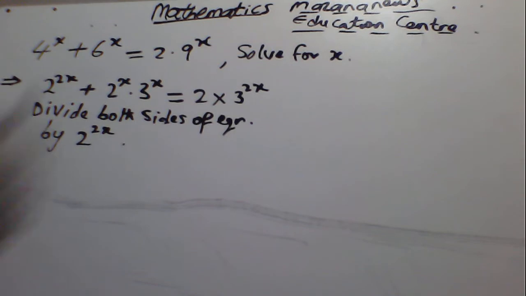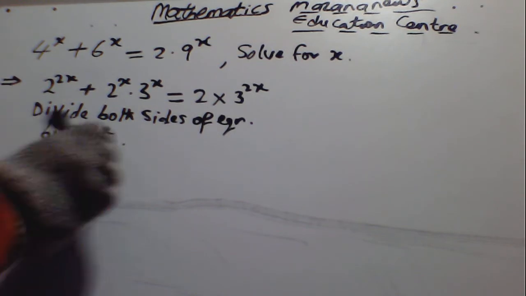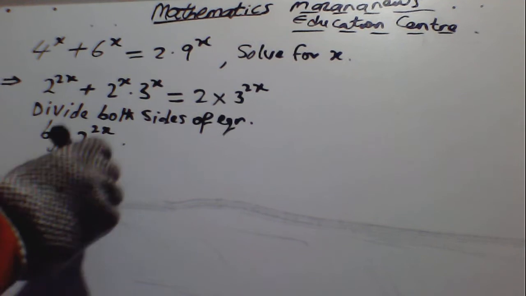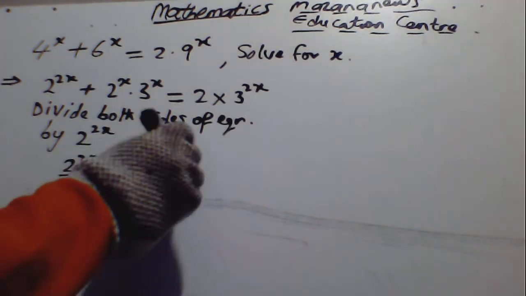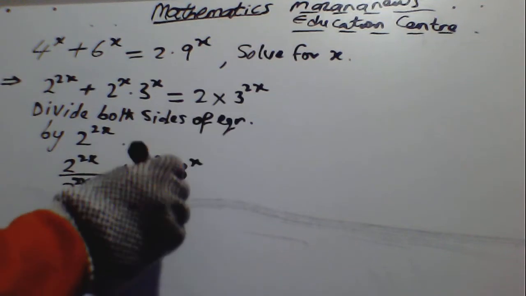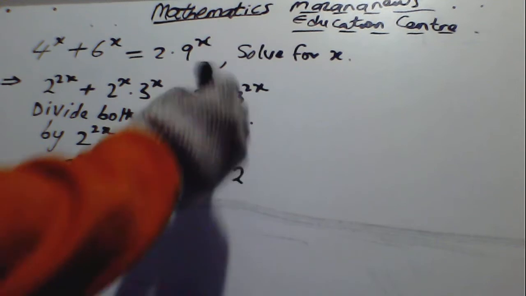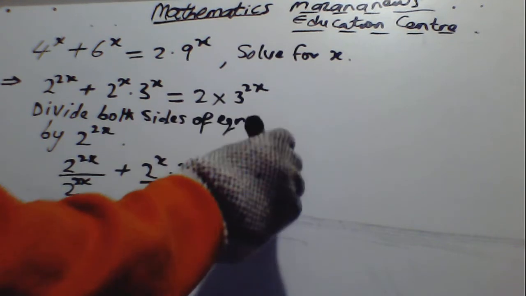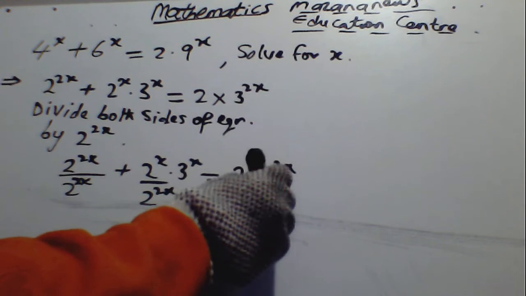So if you divide both sides of the equation by 2 raised to power 2x, you have 2 raised to power 2x divided by 2 raised to power 2x, plus 2 raised to power x times 3 raised to power x divided by 2 raised to power 2x. This will give us 2 times 3 raised to power 2x divided by 2 raised to power 2x.